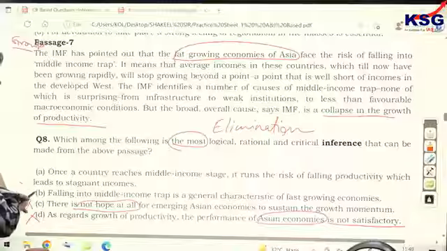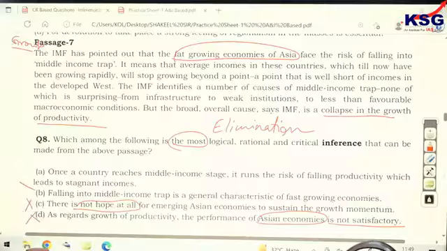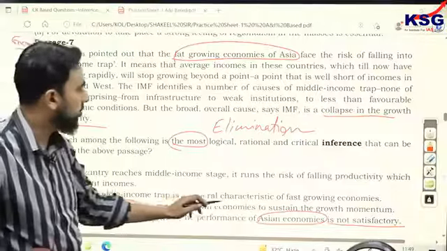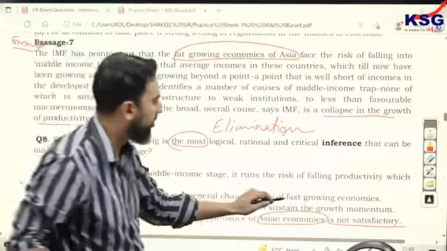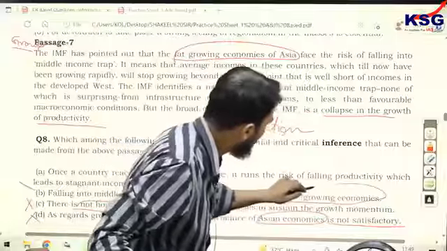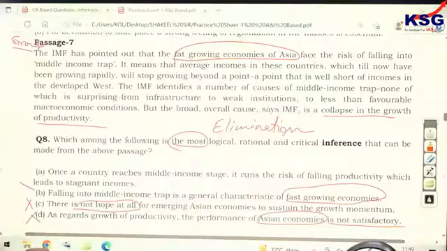B option says falling into the middle income trap is a general characteristic of fast growing economies. It means that it is going to be applied on all economies. So the reverse of the theory is written here. Fast growing economies face the risk of falling into the middle income trap.